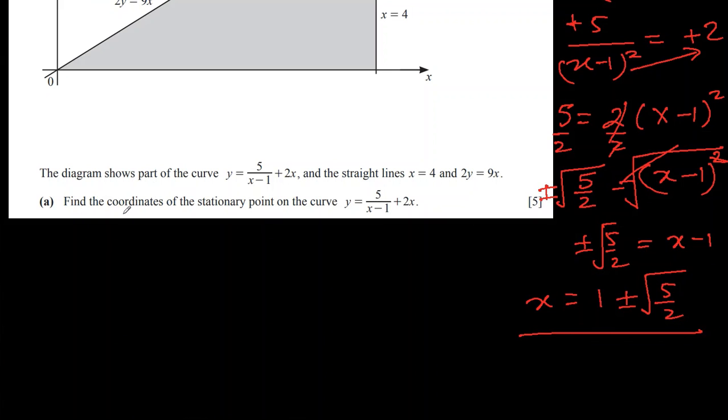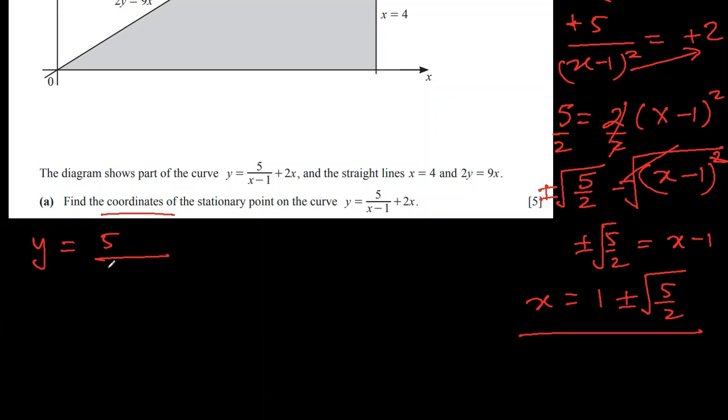Alright, but they said find the coordinates, not coordinate. That means both of them have to be substituted in this equation to get the y coordinate. So y equals 5 over x minus 1 plus 2 times x.